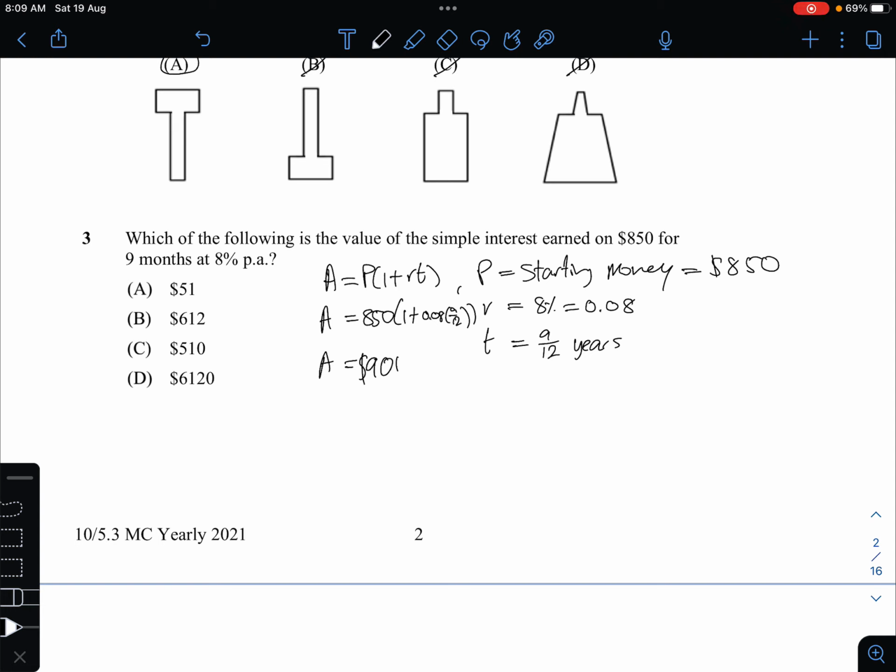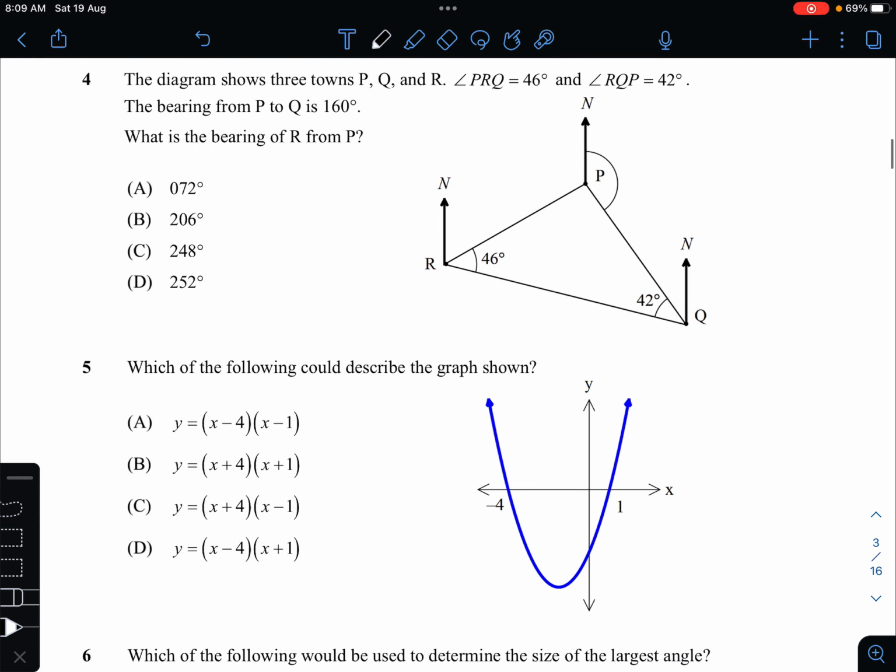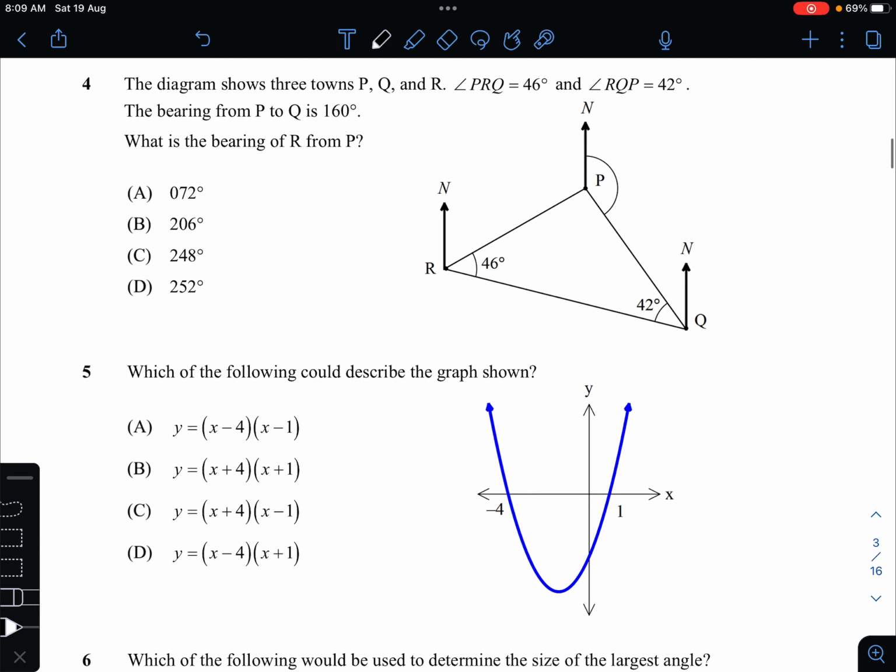And it's asking for the value of the interest earned, which means it's not asking for your final value, which this is giving, but the amount it's increased by. So 901, your final value, minus your starting value, equals $51, and therefore the answer is A. Now, question number 4. The diagram shows 3 towns, P, Q, and R.